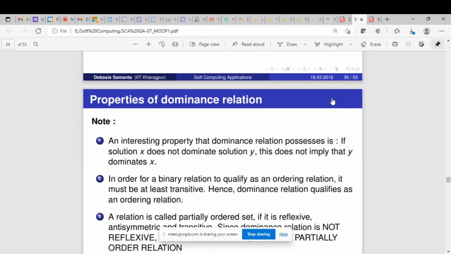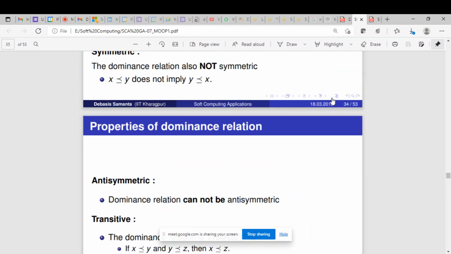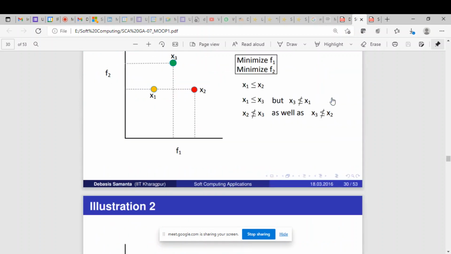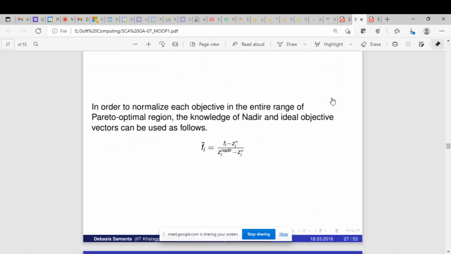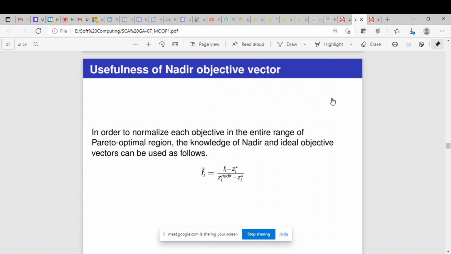Okay, so last class we were discussing the Pareto optimal solution, right? And we also discussed different types of objective vectors.